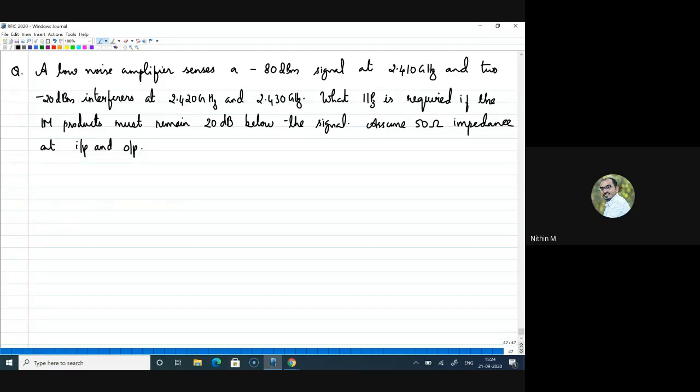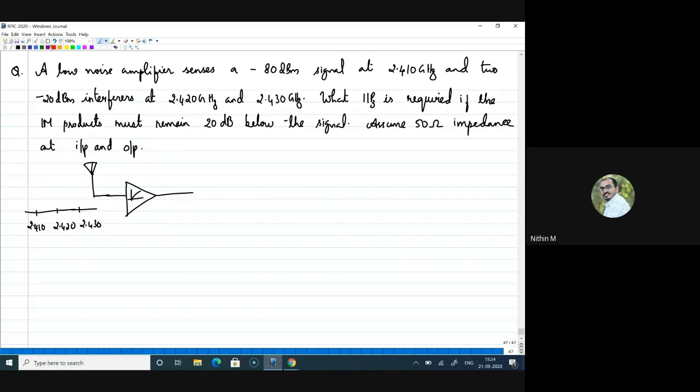For any numerical, I would suggest representing it with a small diagram with the levels, which makes it easy to understand. This is your nonlinear LNA, sensing signals at the input: one at 2.410, and the other two at 2.420 and 2.430.